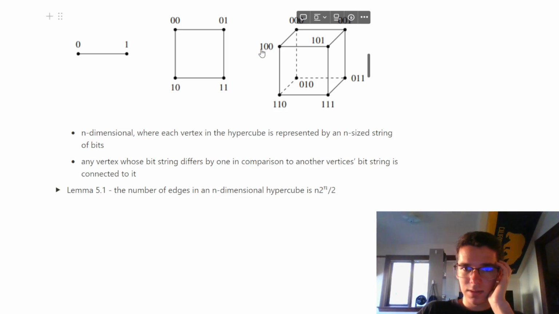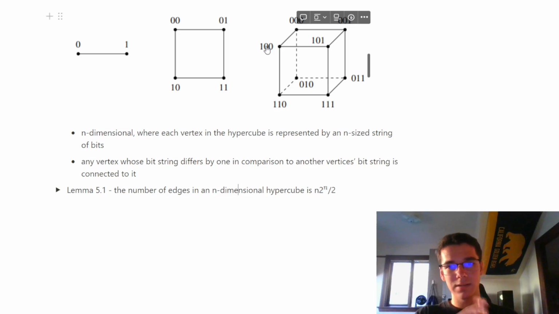Because you can only change each of these bits in 1 way. If you were to change 2 bits, then obviously it would be 2 away, and so you couldn't do that. So notice how everything that 100 is connected to is exactly 1 away. And notice how that's also the dimension of this hypercube.